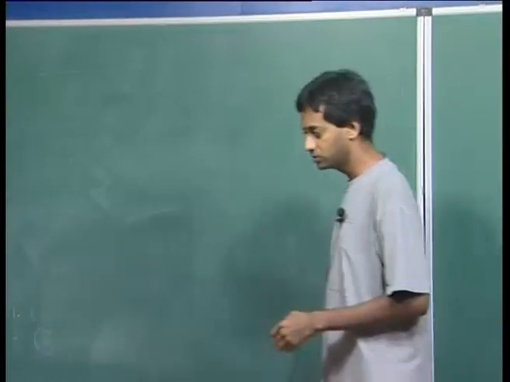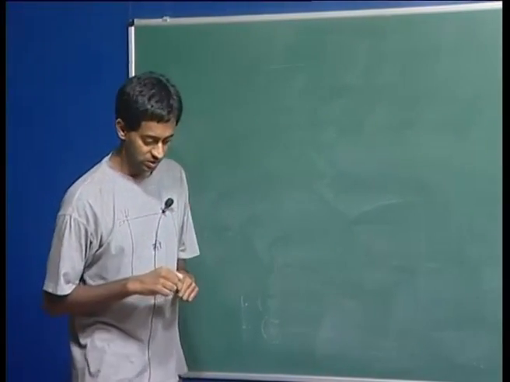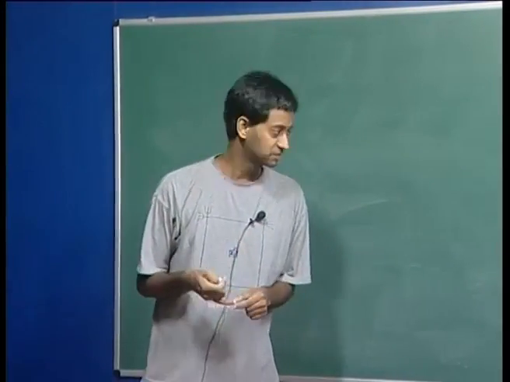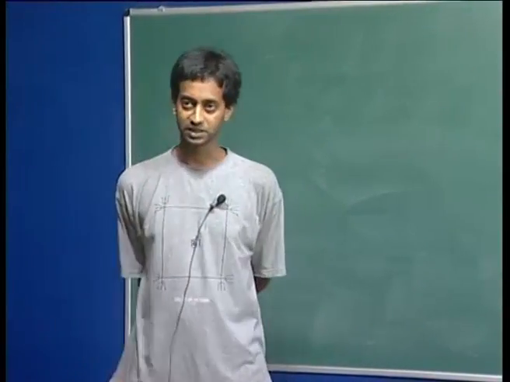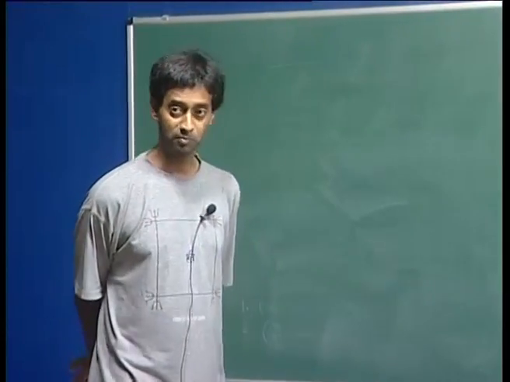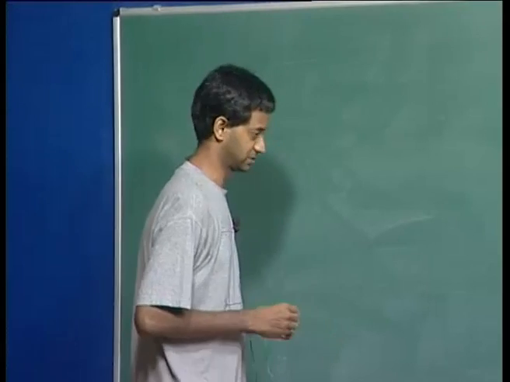Okay. Now, this definition of inner product, so we have defined the inner product in terms of two basic axioms. One is that it should be commutative, and the other is that its norm, or the inner product of a vector with itself, should be greater than or equal to 0.